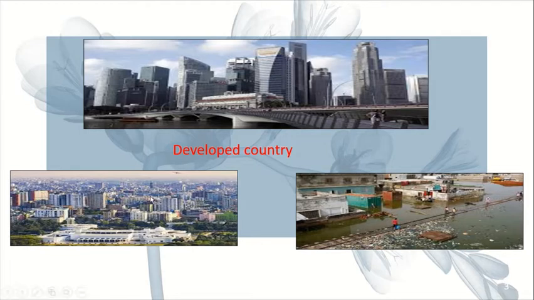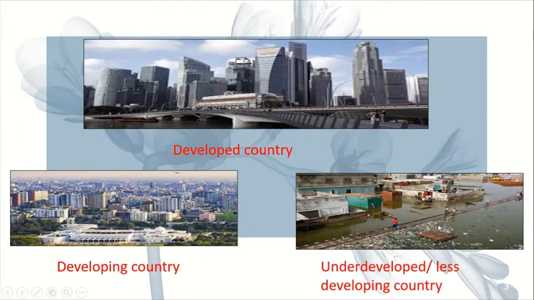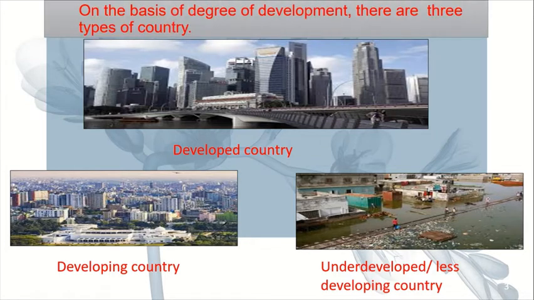Okay, next this is the picture of developing country, and this is the underdeveloped or less developing country. Clear? So today's topic is on the basis of degree of development. There are three types of country, that is developed country, developing country, and underdeveloped or less developing country. Clear?